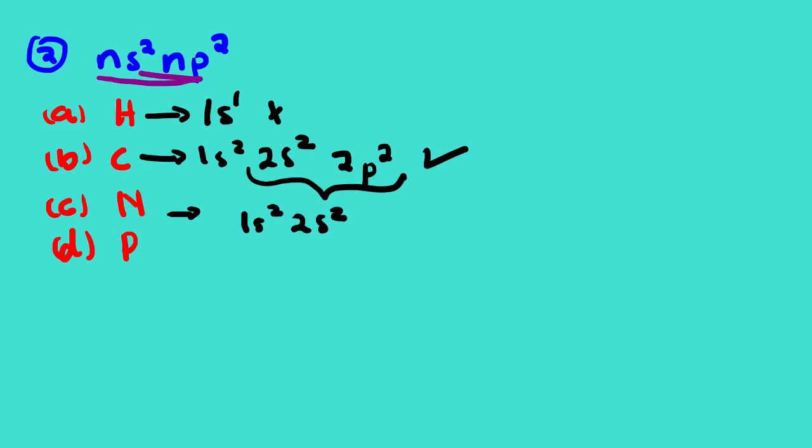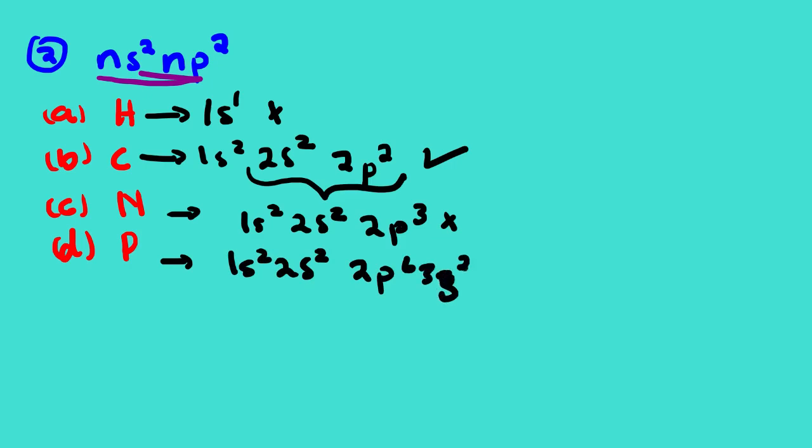Nitrogen is 1s2 2s2 2p3. So nitrogen is not the one that we're looking for. Let us look at phosphorus. 1s2 2s2 2p6 3s2, then 3p3. It's definitely not the one that you're looking for. So the correct answer is carbon. I hope you got this one correct. Let us go to the next one.